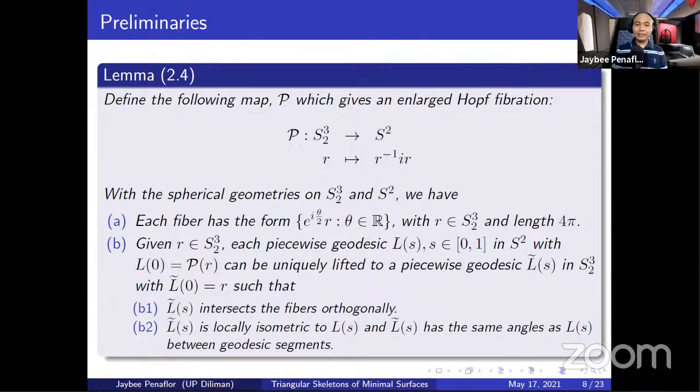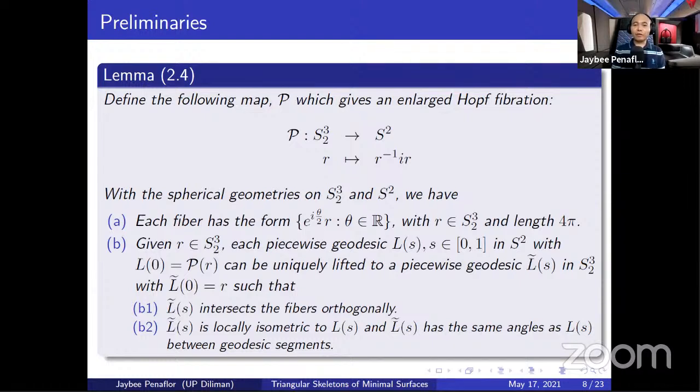Let's examine what happens. These three conclusions that follow will be important in our lifting and in our discussion. First off, every fiber in that fibration is of this form, e to the I theta over 2r, where theta is a real number, and with r, as mentioned earlier, in S32.